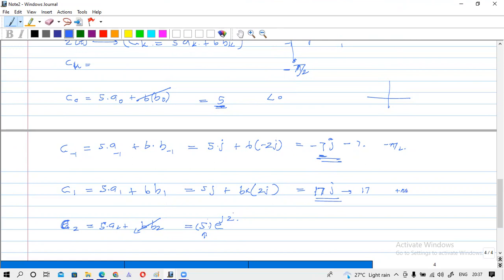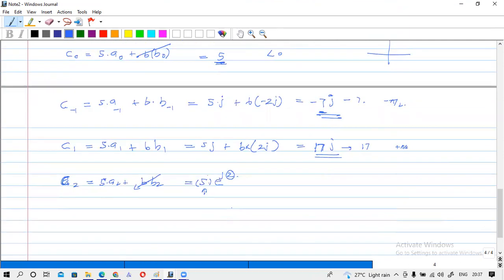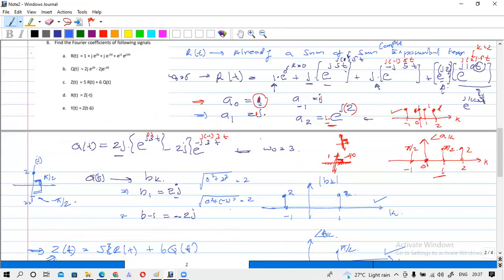And for this the phase will be 2, because this is in polar form. So you can easily draw the phase plot and magnitude plot. So we have done this one also.